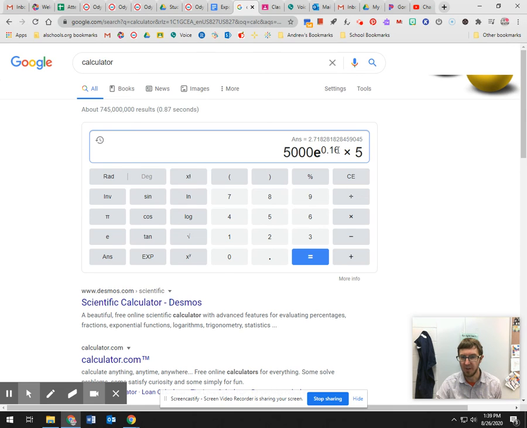I want the times 5 to be little up here with the 0.16. So I'm going to go back here and put parentheses around 0.16 times 5. Now that times 5 is little. Depending on your calculator, all the calculators act just a little bit different. You might need to put some parentheses in. Equals.